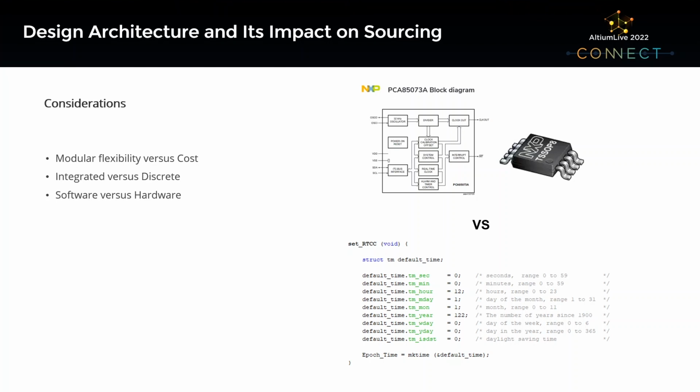Of course, I cherry-picked a pretty easy one here. This is a real-time clock chip on the top there from NXP, but you could also implement all of that inside of your software, provided you have a nice stable crystal oscillator in there. But again, we're just trying to give an example of how these trade-offs can be made.